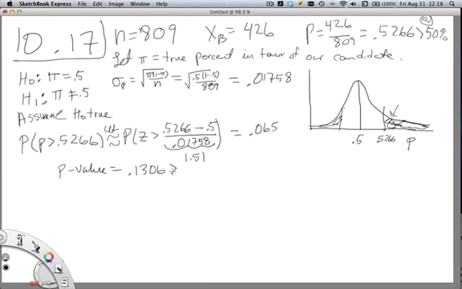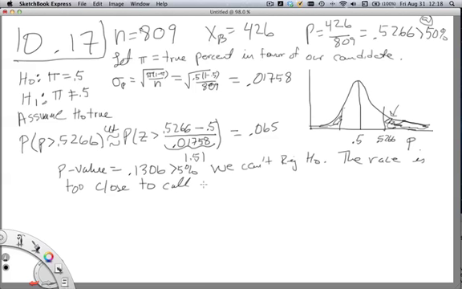So this is greater than 5%, so we cannot reject H naught. Our conclusion is the race is too close to call. At least with the sample.